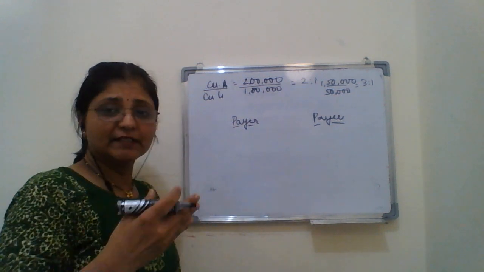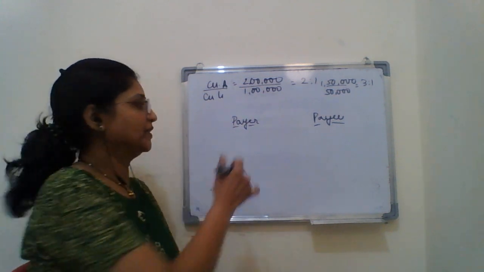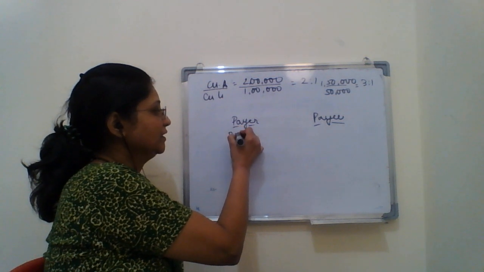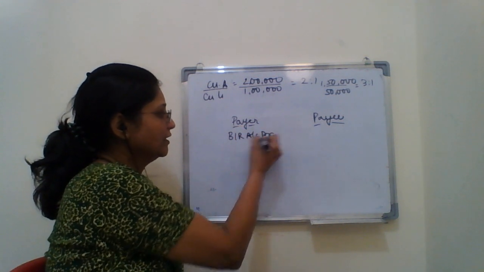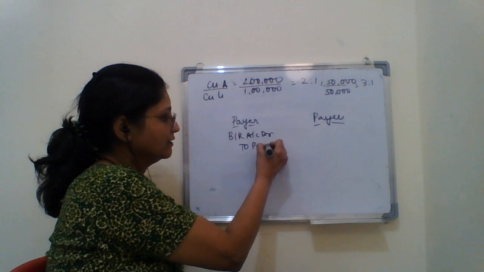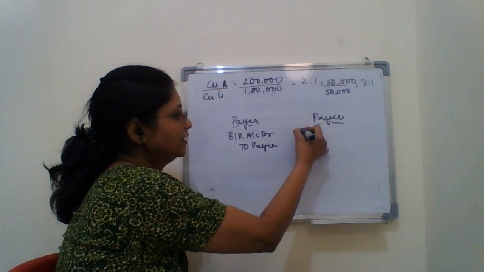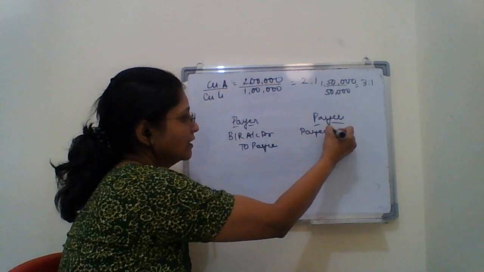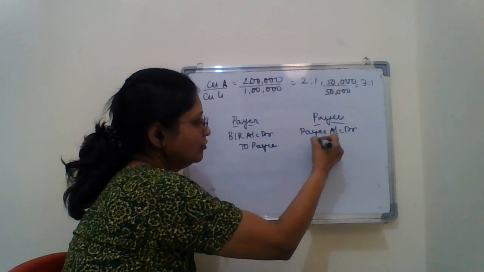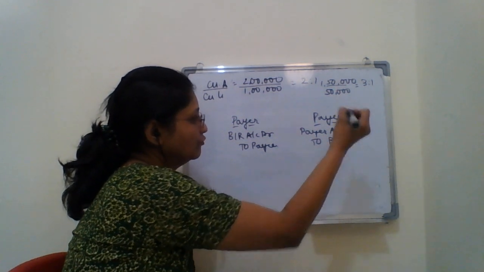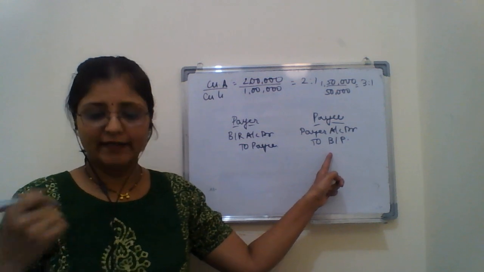So when the bill is drawn and accepted, the payee will pass the entry bills receivable account debit to payer, and the payer will pass the entry payee account debit to bills payable. For him, bills payable is a liability.